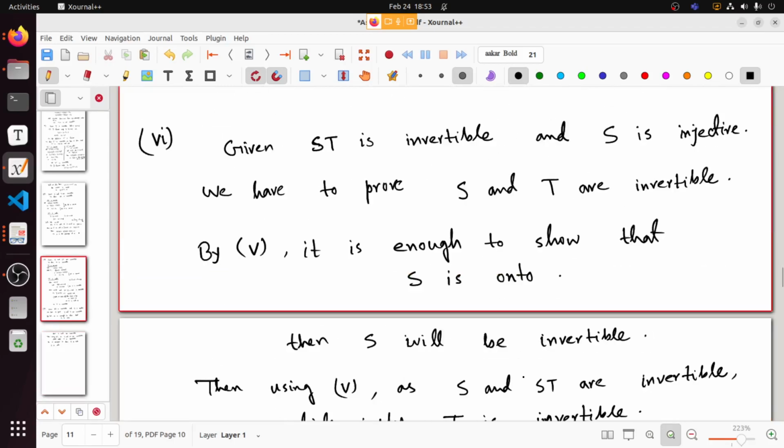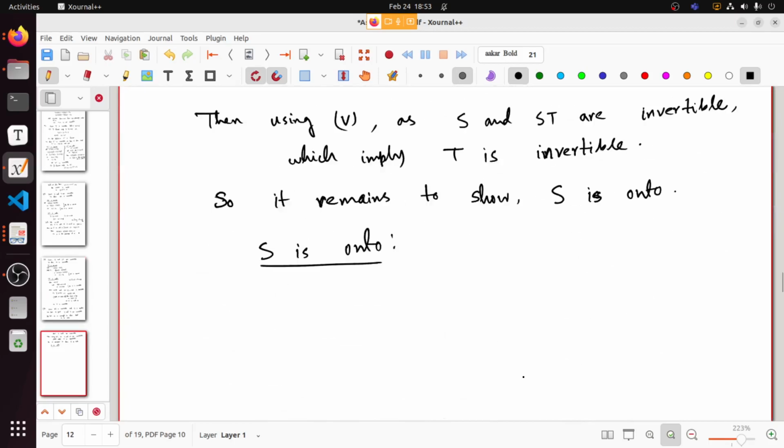What is given: S is injective and ST is invertible. T is a map from U to V, and S is a map from V to W. You have to check S is onto.